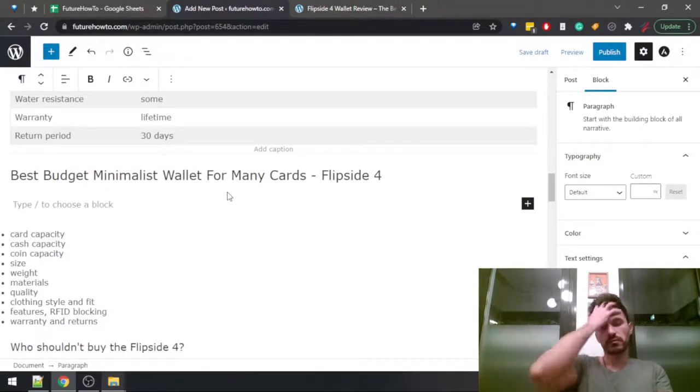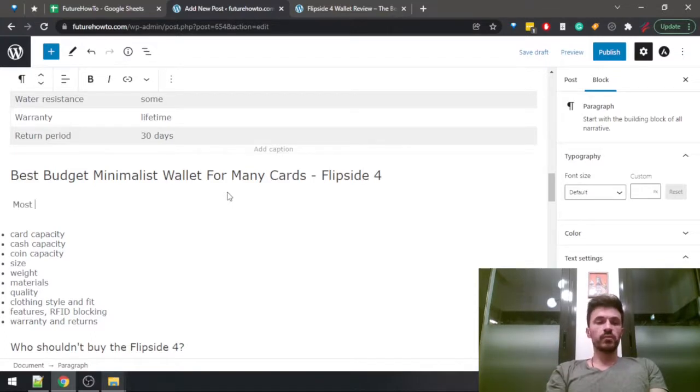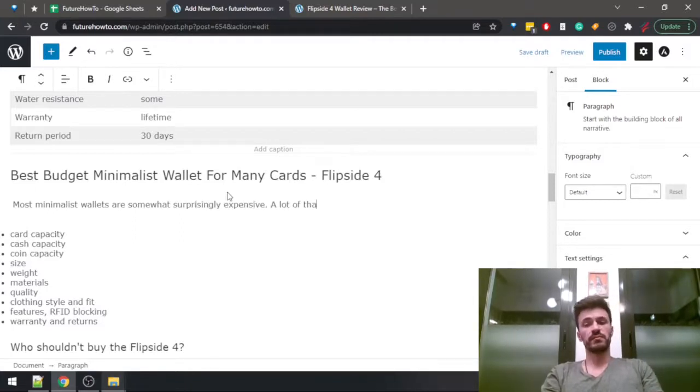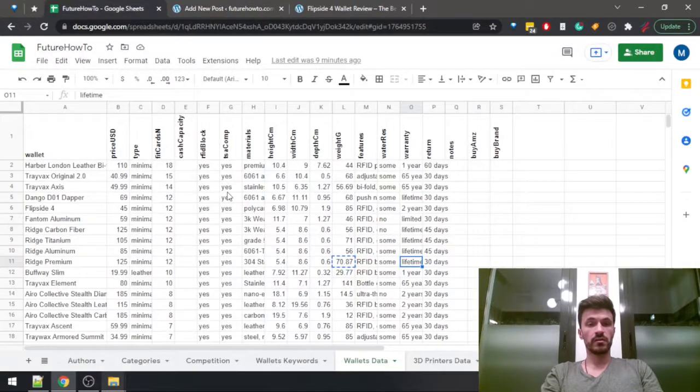Maybe we can start with something like, most minimalist wallets are somewhat surprisingly expensive. A lot of them cost way more than 50, sometimes even more than 100.